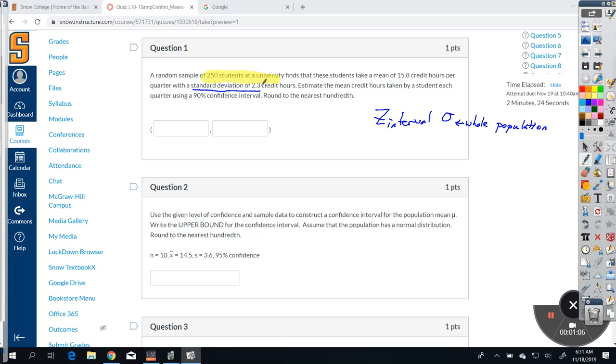So realize what we're doing is we're really taking a small sample and we are making approximations, we are making statements about our whole population based off of a sample. So we're using our sample to make statements about the whole population. So that's why we're not able to be exact either, because we're using just a sample to talk about a whole population.